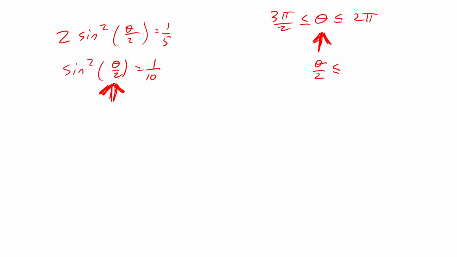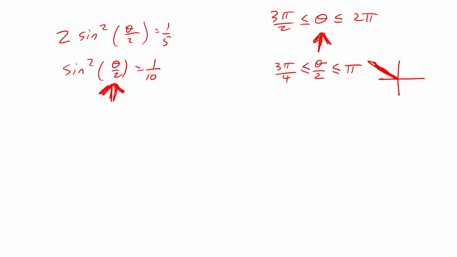But in order to do that, I have to divide the 3 pi over 2 by 2, which will give me 3 pi over 4. And I have to divide the 2 pi by 2, which will give me pi. So I've got 3 pi over 4 less than or equal to theta over 2 less than or equal to pi. That's like saying 135 is less than or equal to theta over 2 is less than or equal to 180. In other words, it's telling me my terminal arm is out here somewhere.